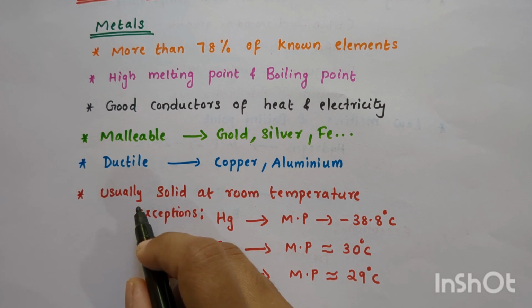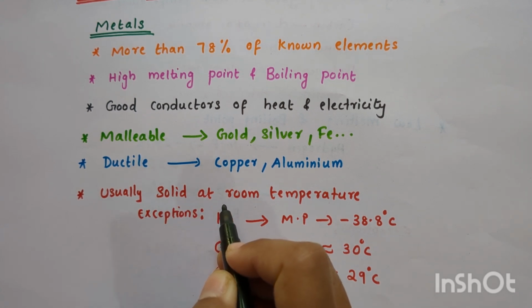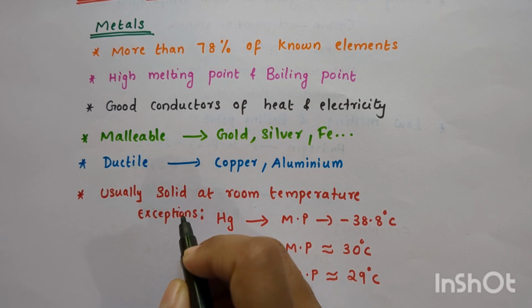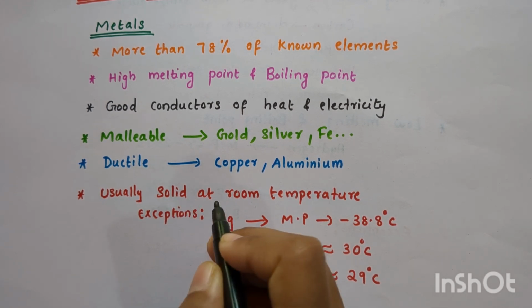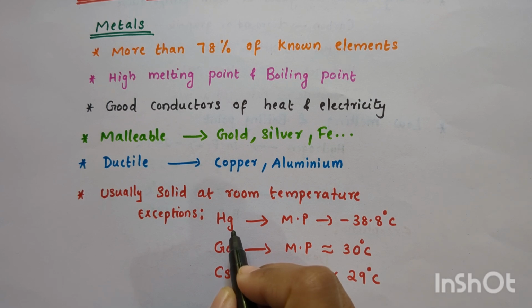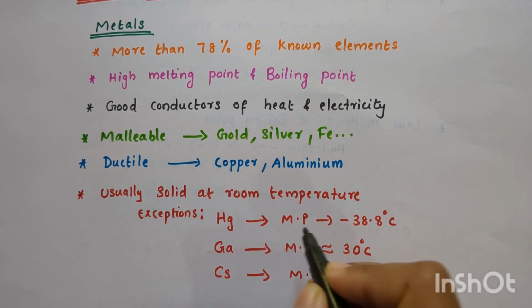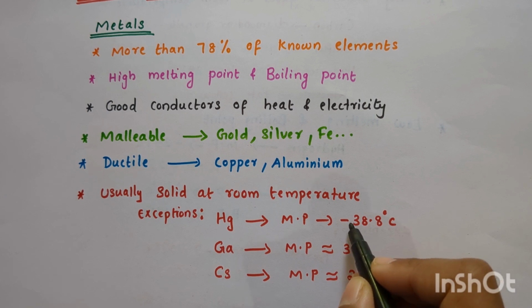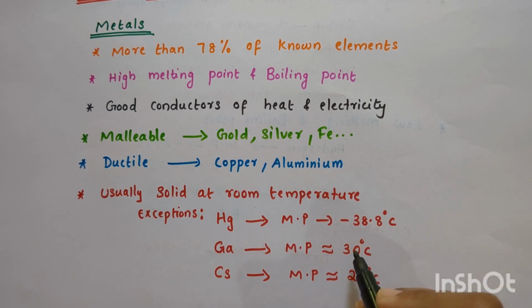Metals are usually solid at room temperature. Most metals are solid at room temperature, but there are a few exceptions. For example, mercury is a liquid at room temperature. Its melting point is minus 38.8 degrees Celsius.